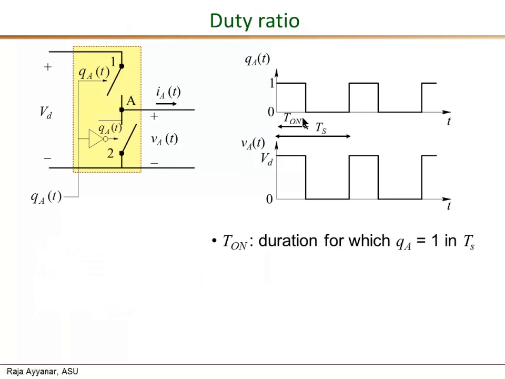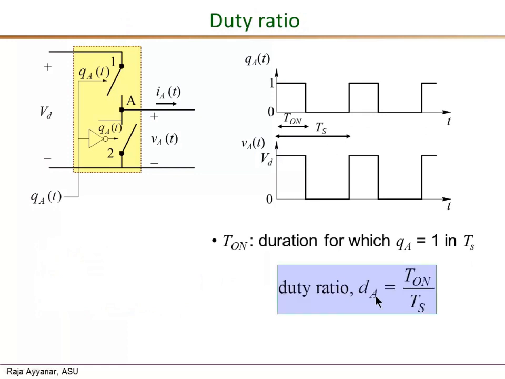During the T on interval in each switching period, the pole output voltage V sub A is equal to VD, and it is 0 in the rest of the switching period. The ratio of this T on to the complete period Ts is defined as the duty ratio D, or D sub A in this case, referring to pole A. So T on over Ts is the duty ratio.